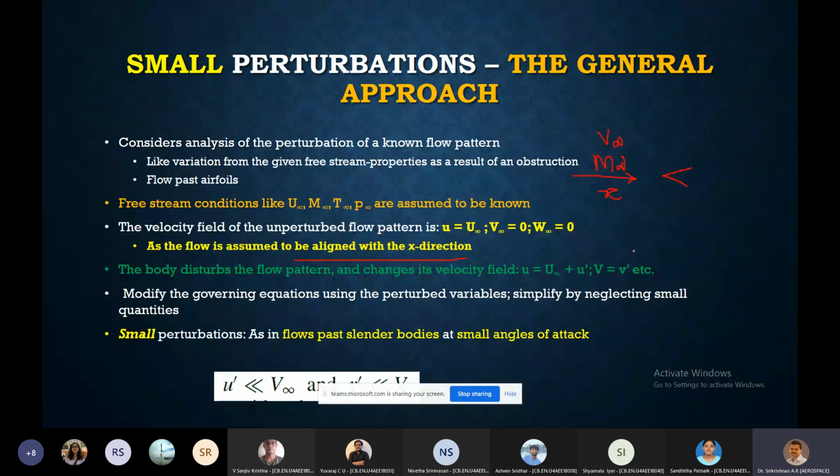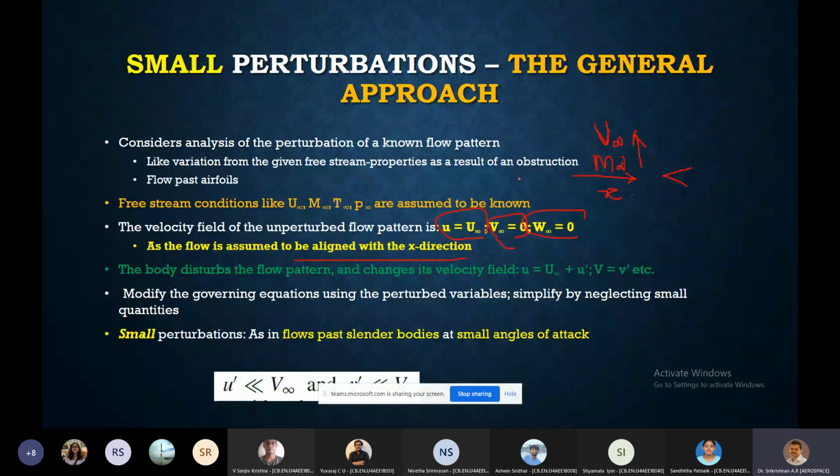Which means that to begin with, the x component of velocity can be considered to be u infinity. And at the same time, the y component of velocity is 0 because the flow is aligned along the x-axis. So v infinity is 0. And similarly, the z component we are neglecting. So there is no flow in the z direction, so you don't have velocity in that direction either.